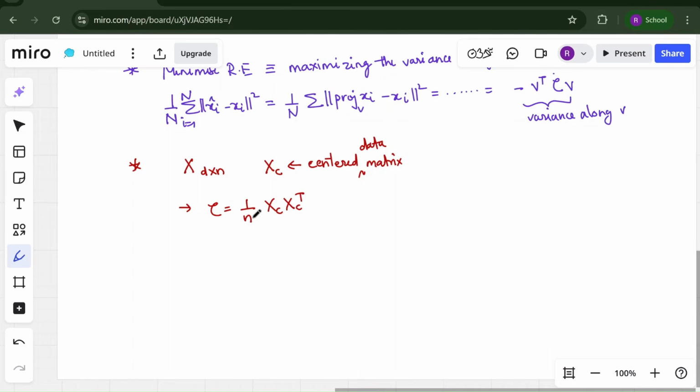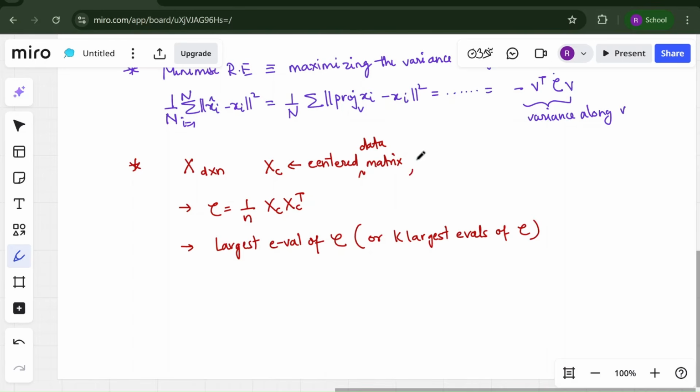This is my covariance matrix. What is the second job? So my first job is to compute the covariance matrix. After that, I have to compute the largest eigenvalue of C, right? Or you can say k largest eigenvalues of C. What is k here?